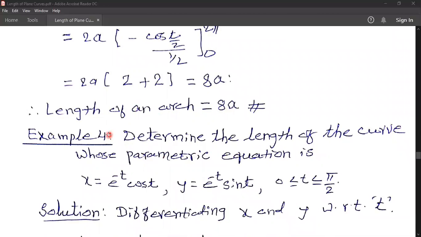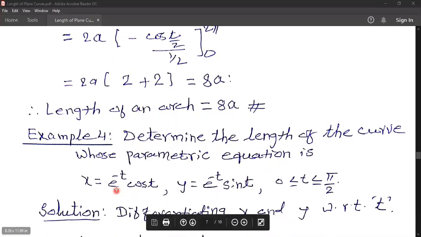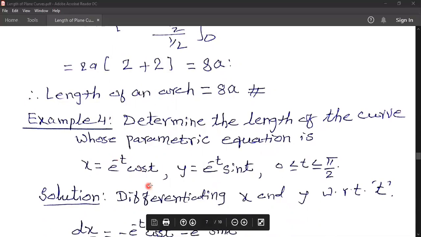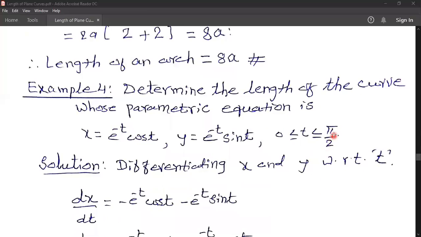Then we'll go to the next problem, that is example 4. Determine the length of a curve whose parametric equation is x is equal to e raised to minus t cos t, y is equal to e raised to minus t sin t, t lies between 0 and pi by 2.